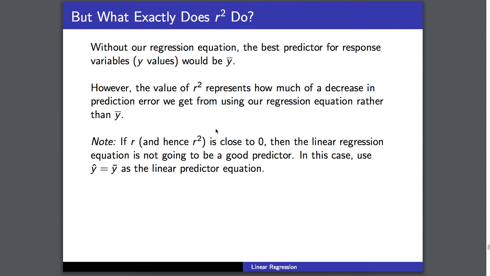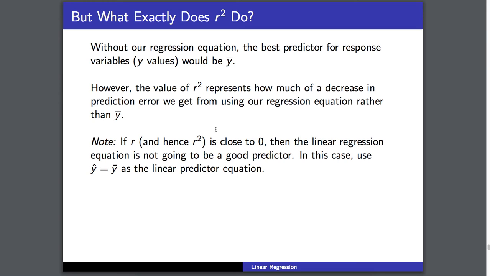Now, if r squared is close to 0, then we're not really going to have much of a percent decrease from using our prediction equation versus just using the mean of our y coordinates. So our linear regression equation is not going to be a very good predictor.